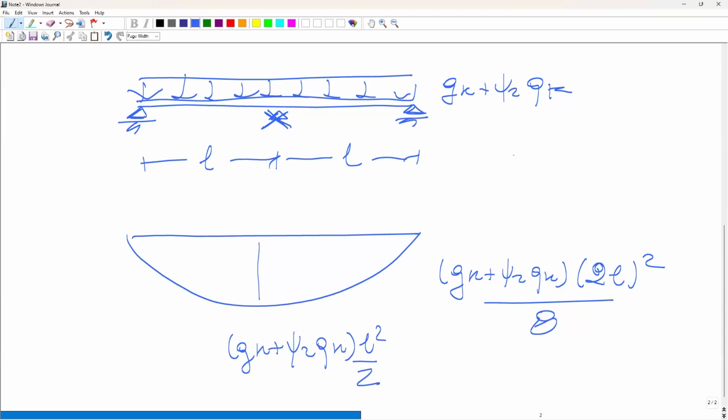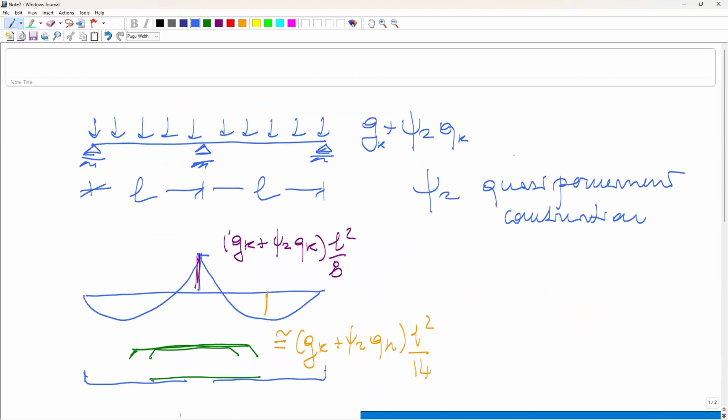Really, you cannot expect to be able to design your structure to resist both the previous one and this one. You will have no space for the reinforcement. No space at all. So what can you do? Well, the previous situation, this one, is the design situation.